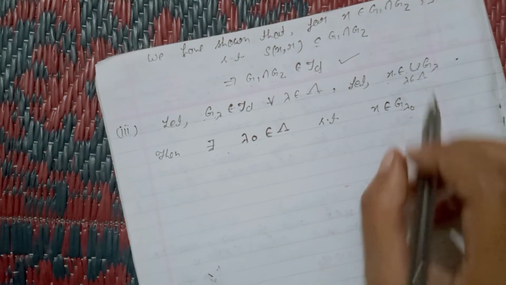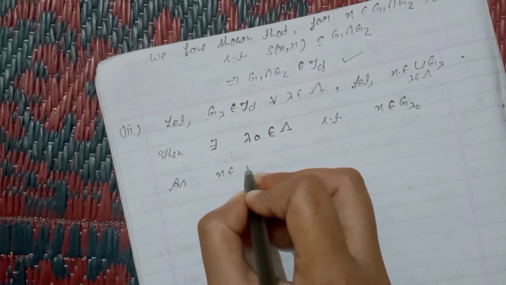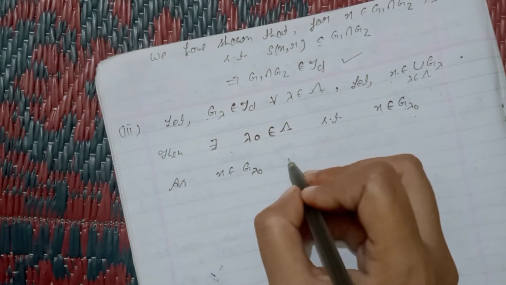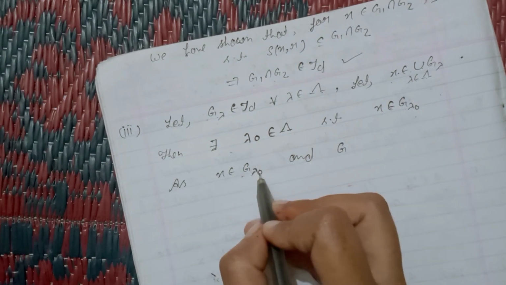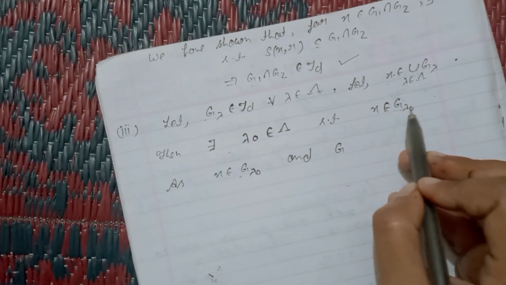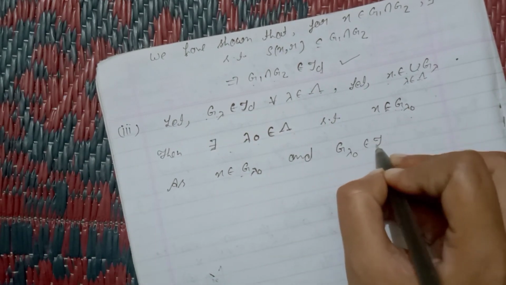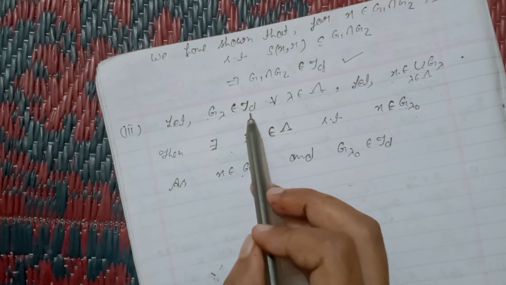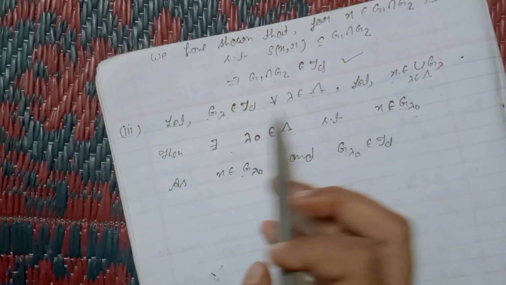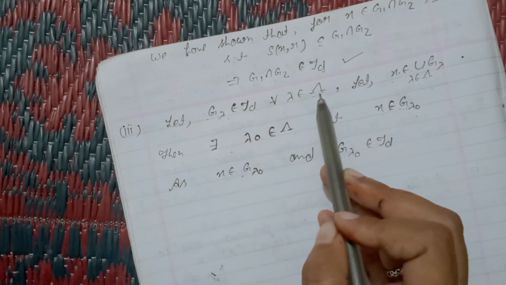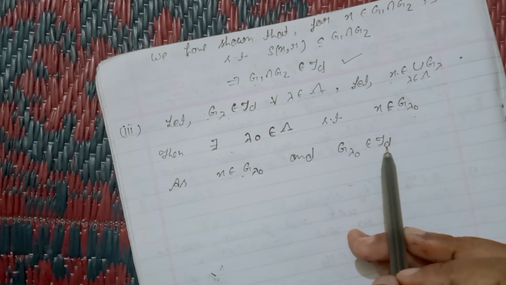As x belongs to G lambda naught, and G lambda belongs to Td for all lambda belongs to capital Lambda, and lambda naught is also a member of capital Lambda, so G lambda naught also belongs to Td.